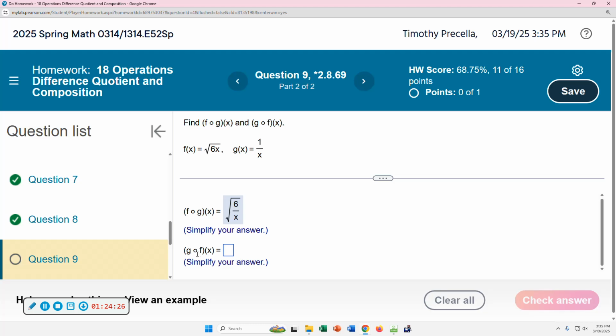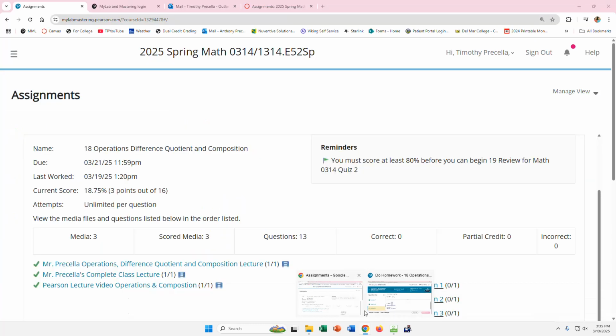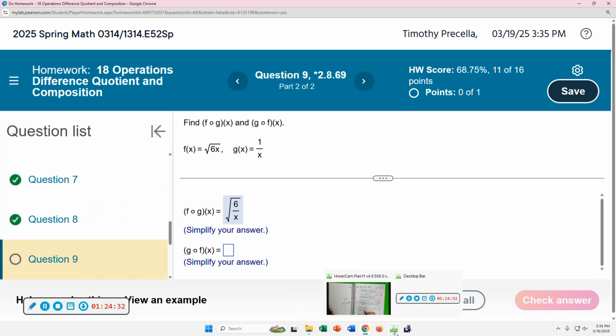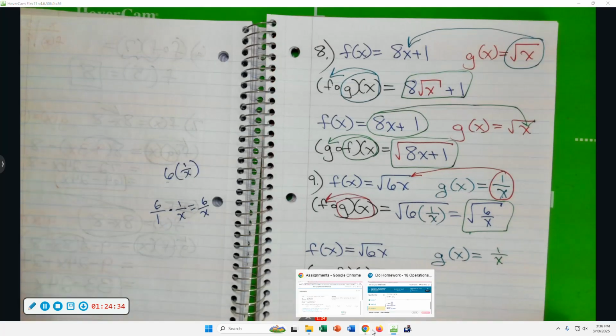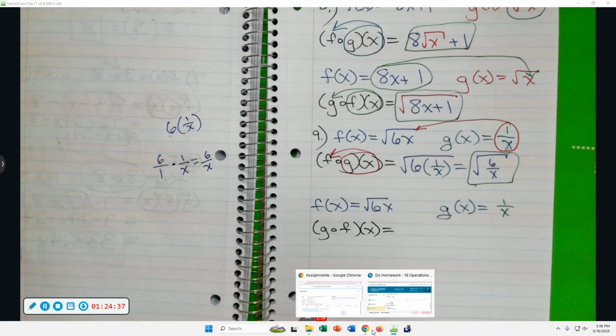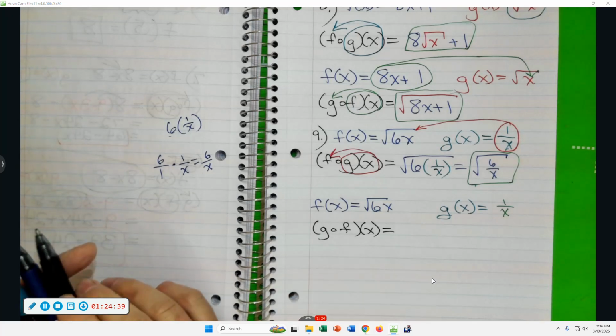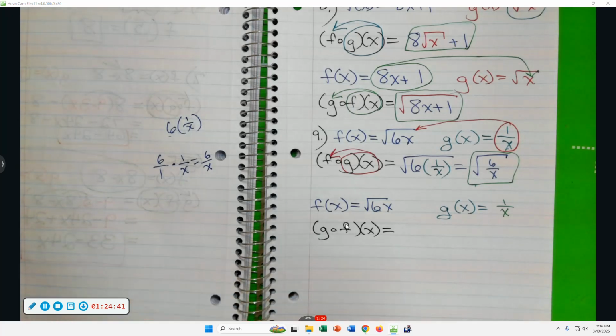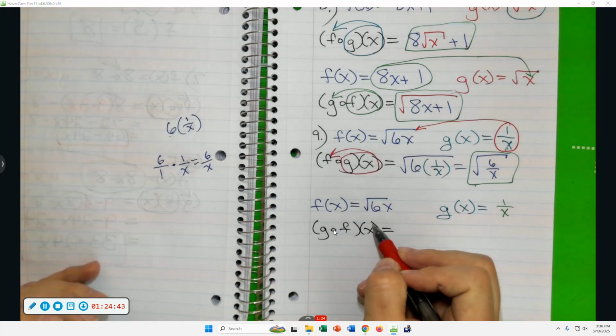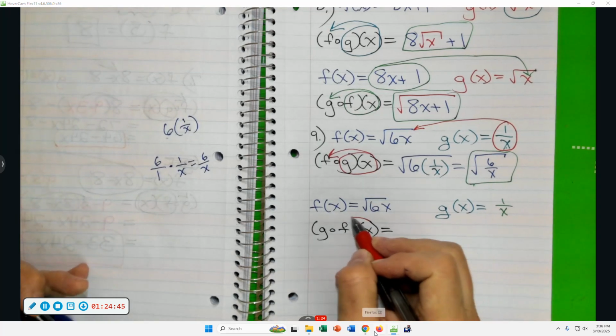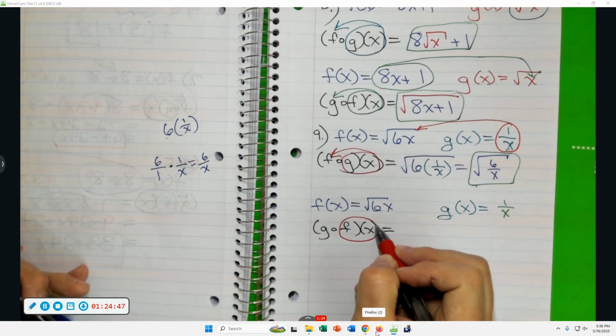Okay, now we have to find g composed with f of x. Let's follow the little circles. This is saying plug f of x into what?